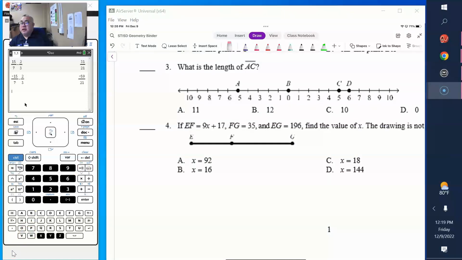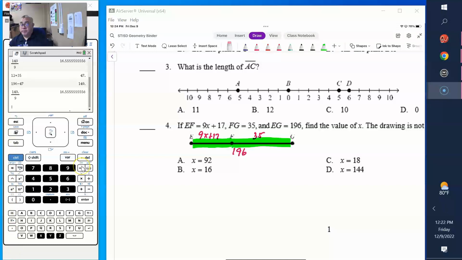If EF equals 9x plus 17, so the distance from E to F, and FG is 35, and EG is 196. Find the value of x. So you know that the 2 smaller segments, 9x plus 17 plus 35 equals 196.